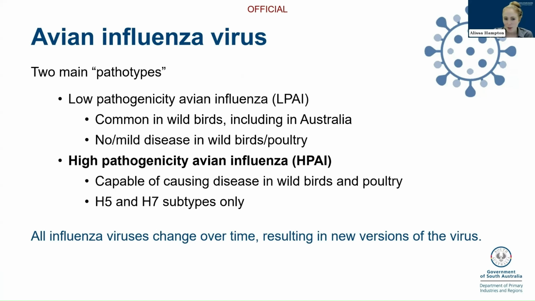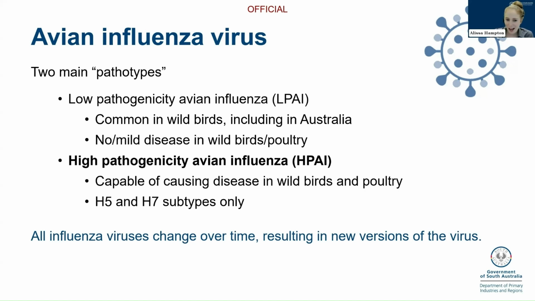They are further named based on their ability to cause disease in chickens, so either low or high pathogenicity avian influenza. Low path avian influenza, or LPAI, is common in wild birds, including Australian wild birds, and usually only causes mild or even no clinical signs in our wild birds or poultry.